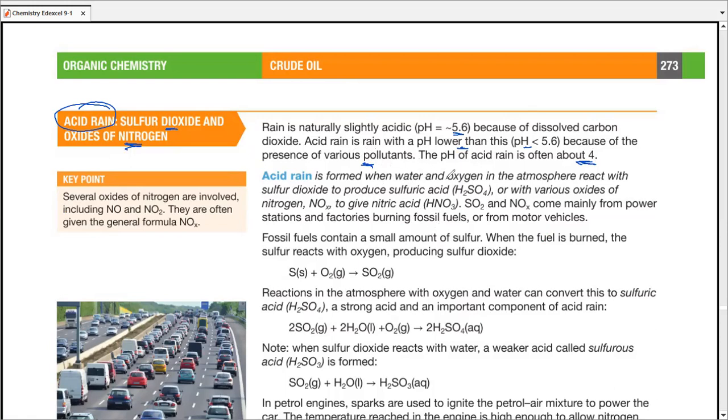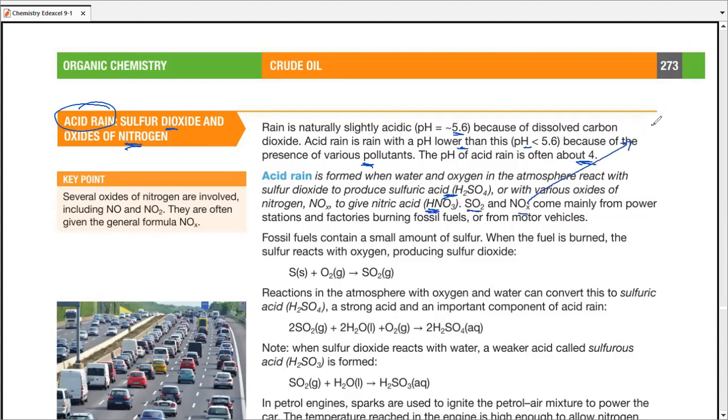Now, acid rain is formed when water and oxygen in the atmosphere react with sulfur dioxide and convert it into sulfuric acid, one of the strongest mineral acids, or various forms of nitrogen oxide to convert them into nitric acid, again a strong acid. SO2 or NOx.